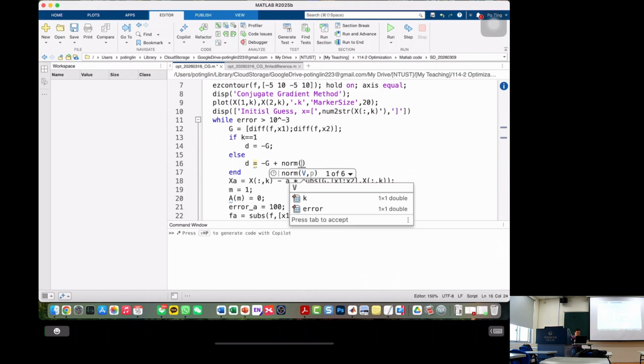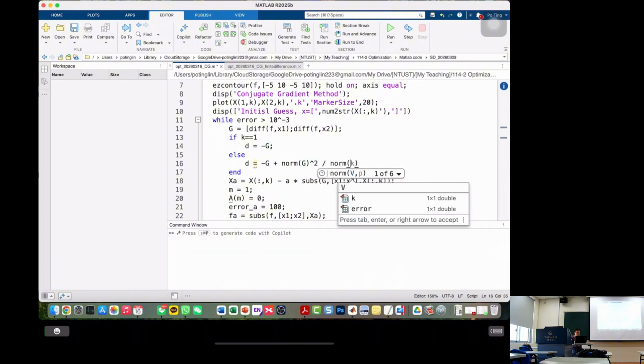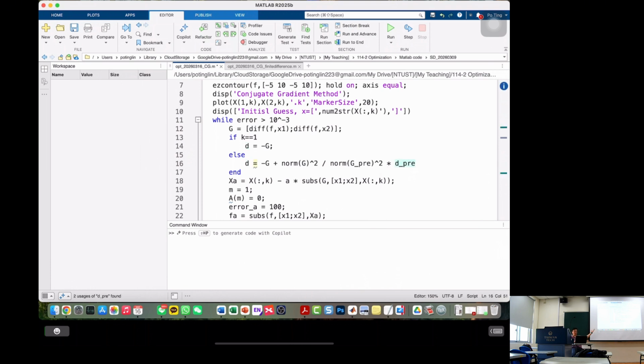So this is exactly what conjugate gradient wants us to do, right?